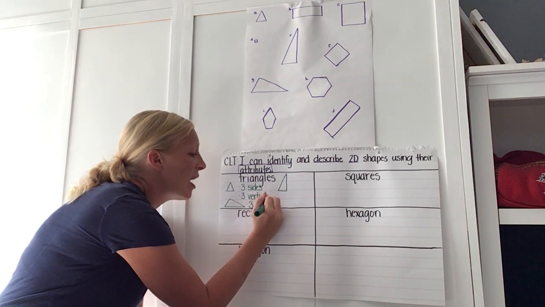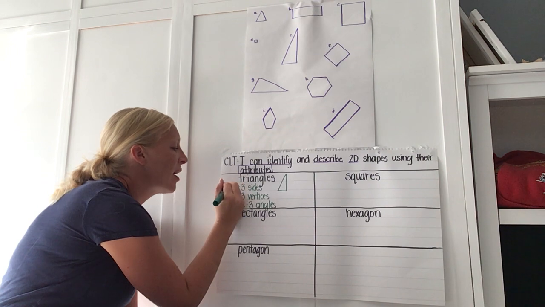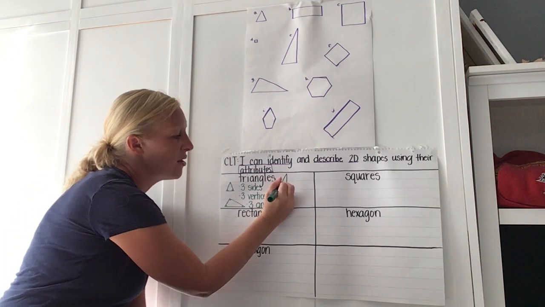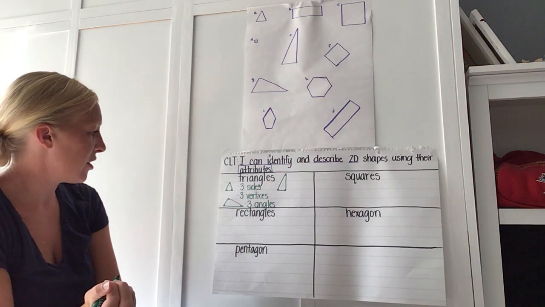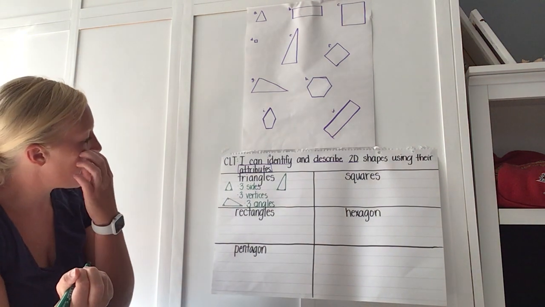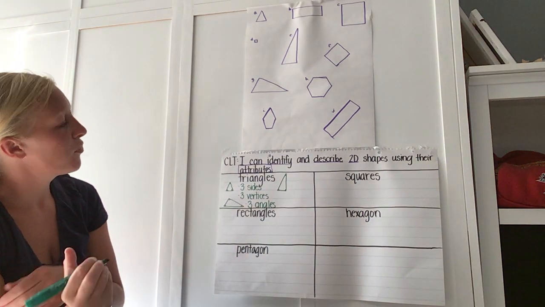They have 3 angles, right? Those are those angles for us. Where do you see those angles? The inside of those vertices, where those sides come together. What about our other shapes?